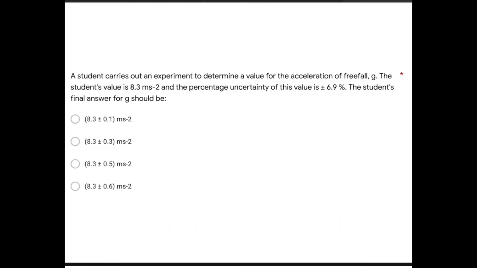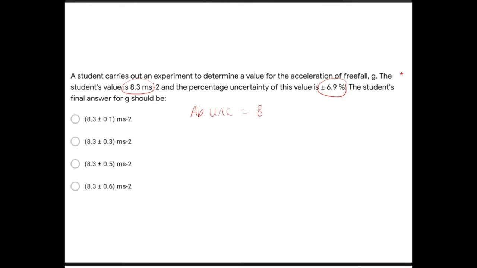Firstly, you were given a value for g, the acceleration due to free fall, and you're told that the percentage uncertainty was 6.9%. What you had to then do was work backwards to convert that into an absolute uncertainty. In order to do that, you need to find 6.9% of 8.3.